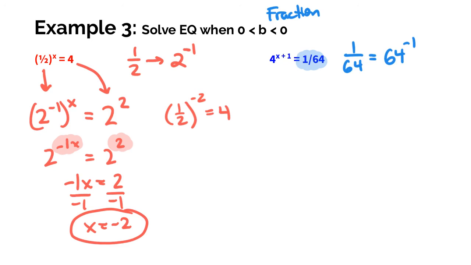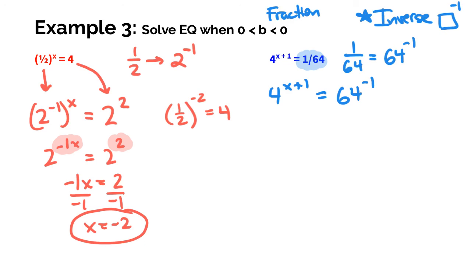So we're going to do the same thing in this next one. We have 4 to the x plus 1. What I already said is we're going to take that 1 over 64 and write it as 64 to the -1st. That is what's called here an inverse. So an inverse, we're always going to have some base to the -1st power. Okay? All right, now what we're going to do is try and change the base.